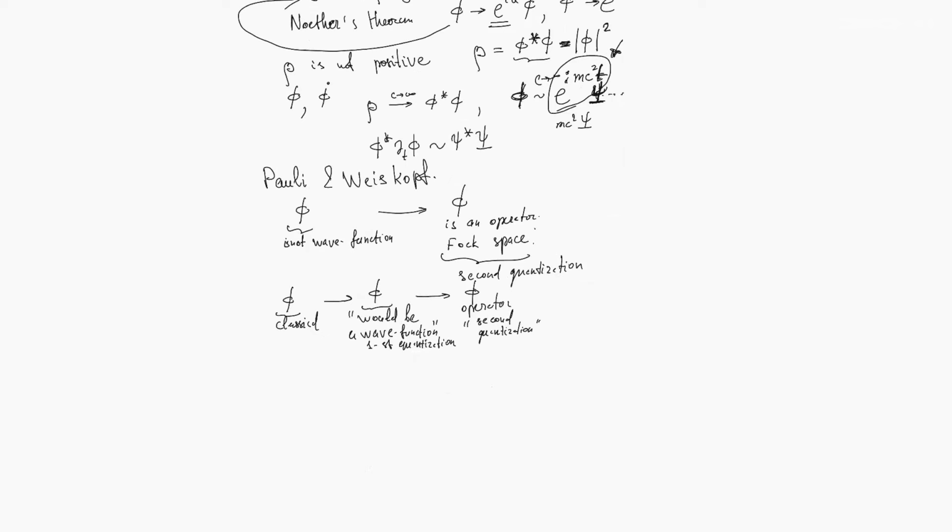Well, today, perhaps it is not a good thing to talk about first quantization, second quantization. We just know that we have to treat phi from the very beginning as an operator acting in the Fock space.